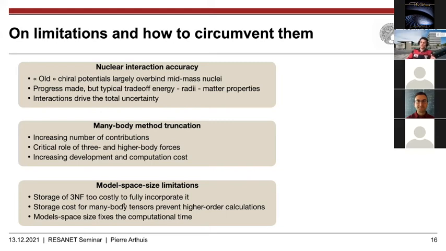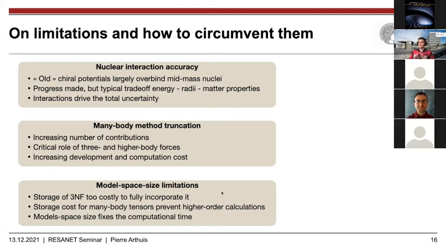Because those scale depending on the order of your truncation, that is one of the things that prevents us as well from going towards higher-order methods. And in the end, the model space size is what fixes your computational time. So this plays a role not only in the storage, but in the computational time as well.